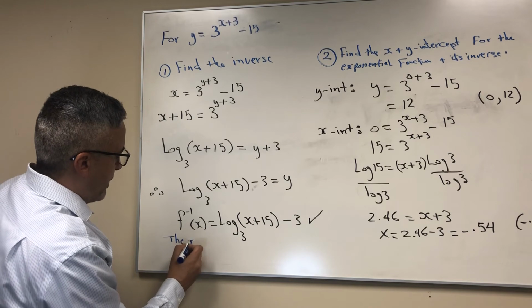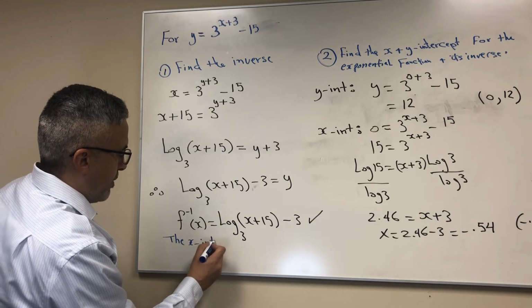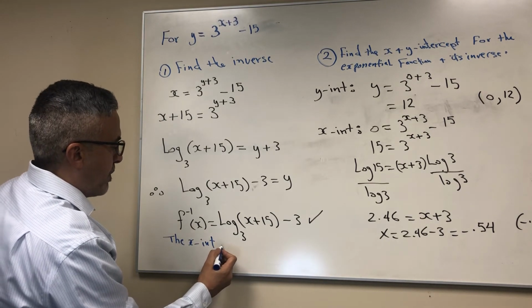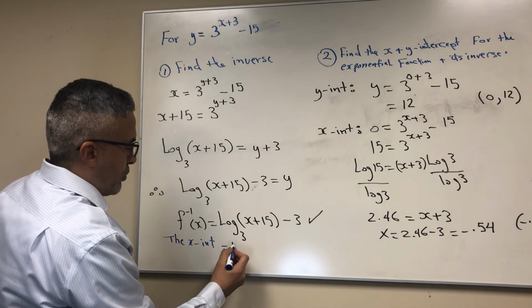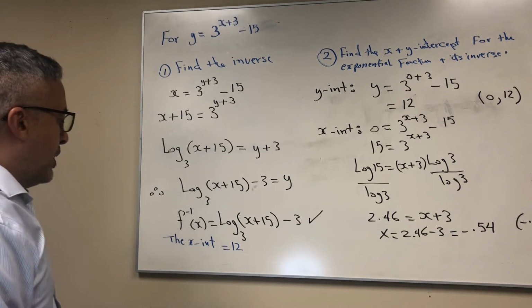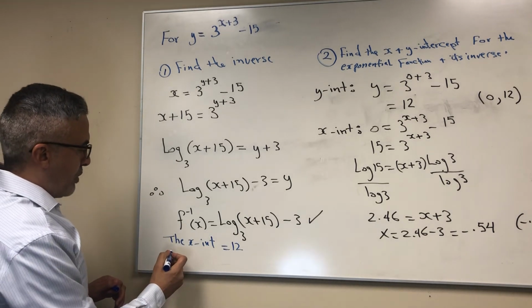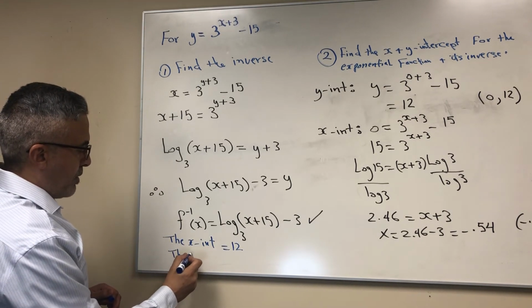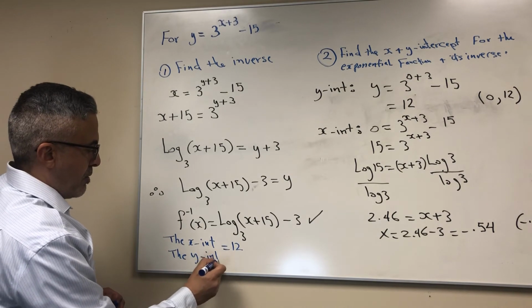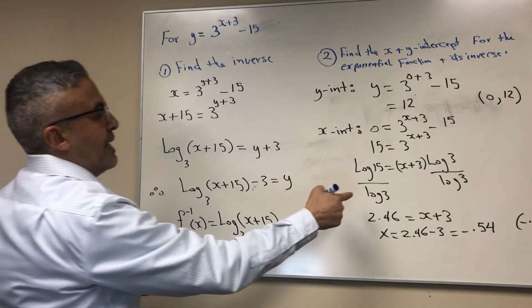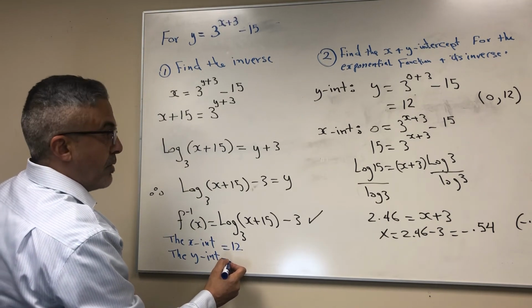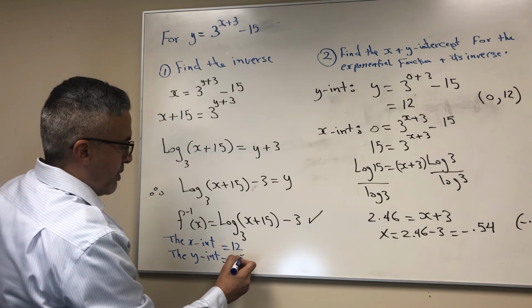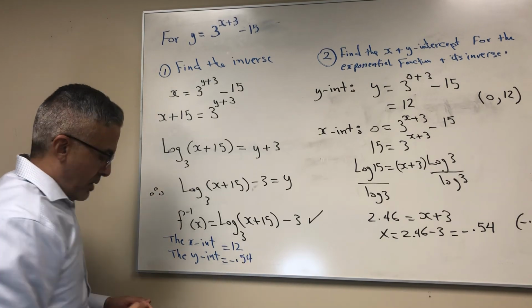So the x-intercept here will be the y-intercept in that one. So the x-intercept will be 12, and then the y-intercept will be the same as the x-intercept in the exponential, so negative 0.54. So that's the inverse.